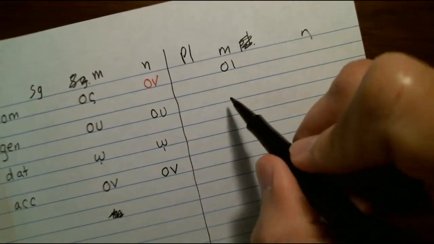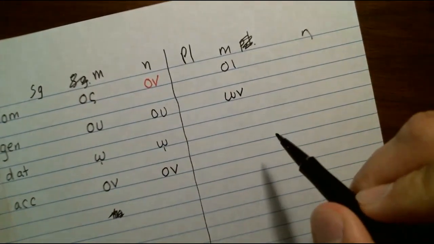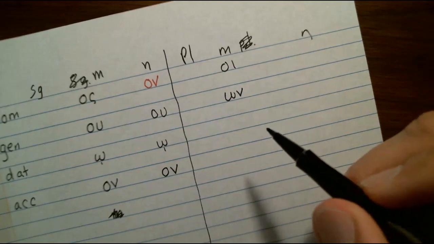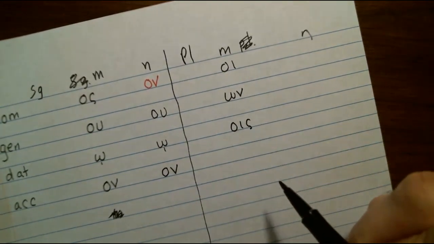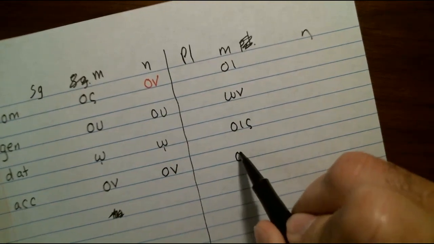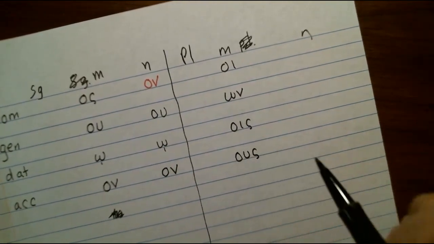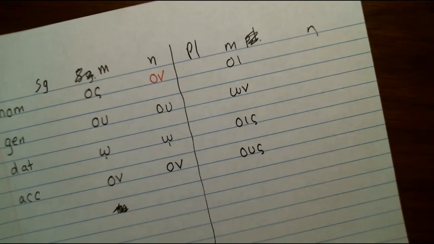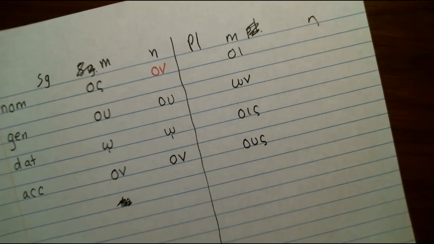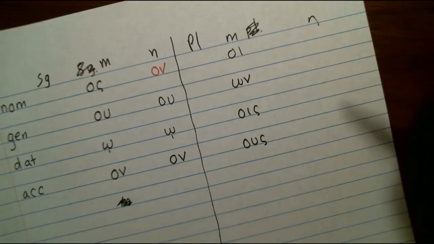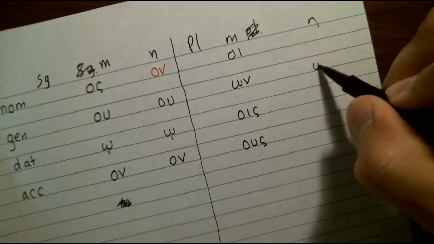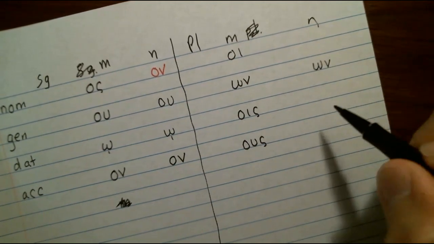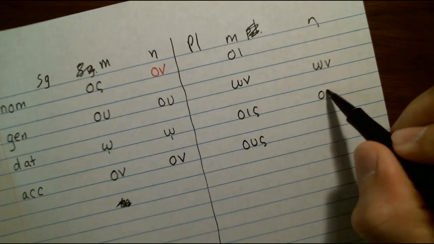Then -ōn with that long omega for the genitive plural, -ois for the dative plural, and then -ous for the accusative plural. Now let's do what's going to be the same in the neuter plural. The genitive will be the same, and the dative will be the same.